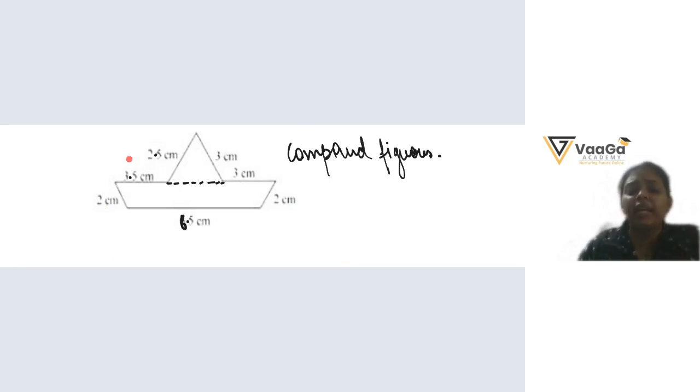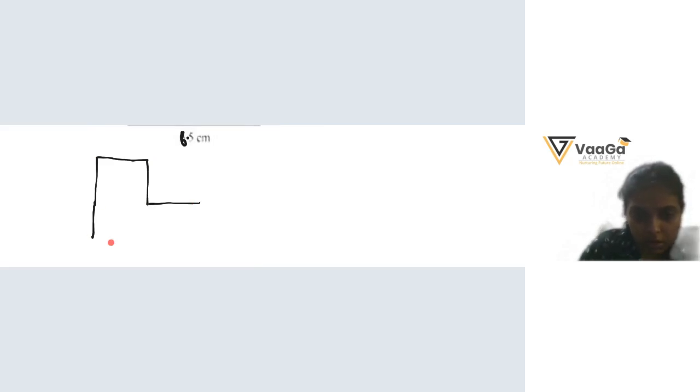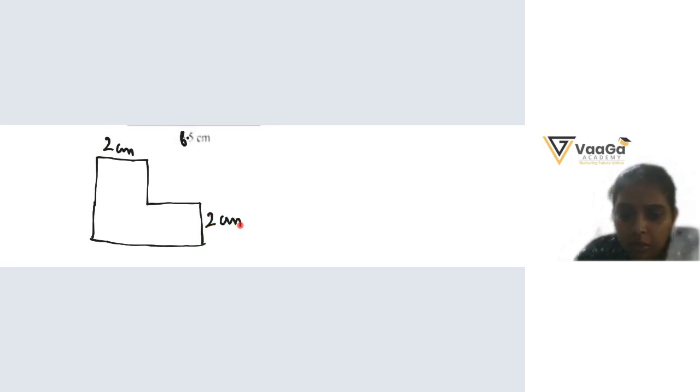Right, perfect. Now, what if I give you a figure like this? Right, and I say this is 2 centimeters. Is this a rectilinear shape?